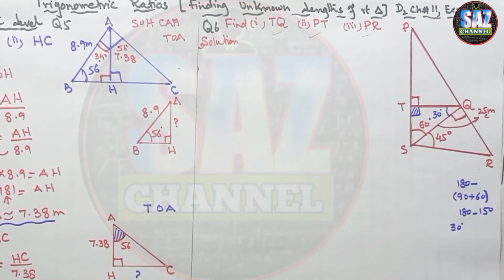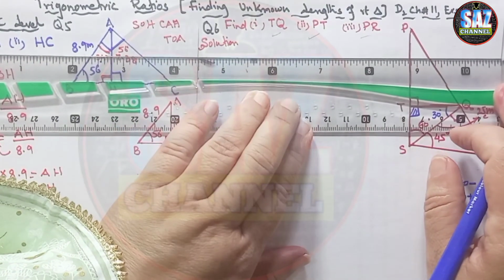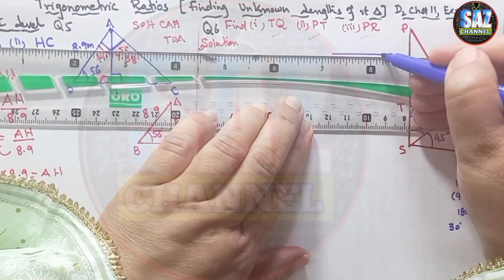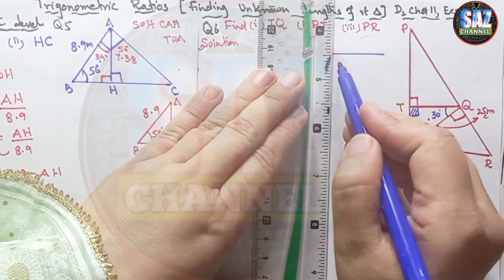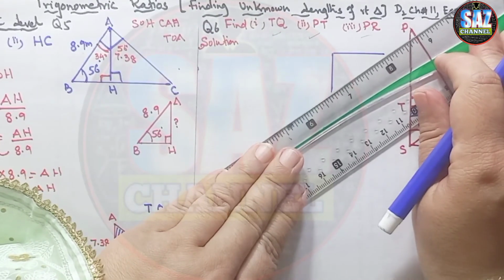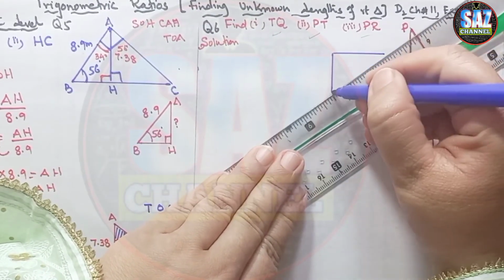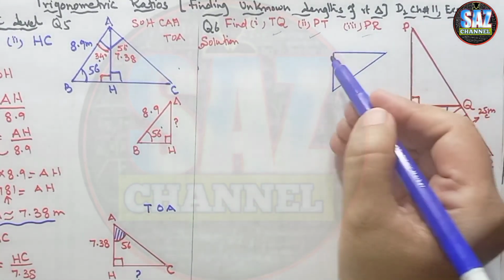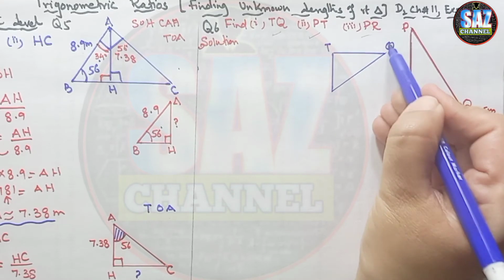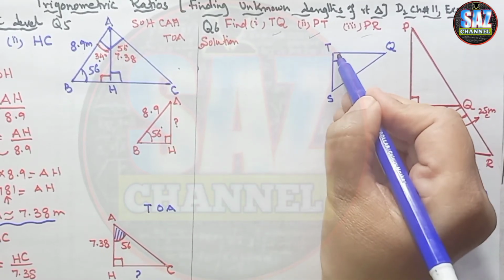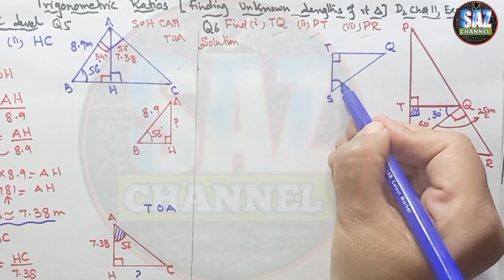So let's begin the solution. Let me make the figure here so that my students can understand the question easily. Here we have the vertex T, this is Q, and this is S. This is a 90 degree angle, and this is 60 degrees.